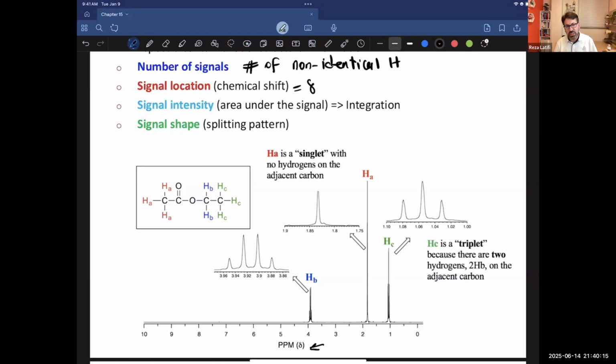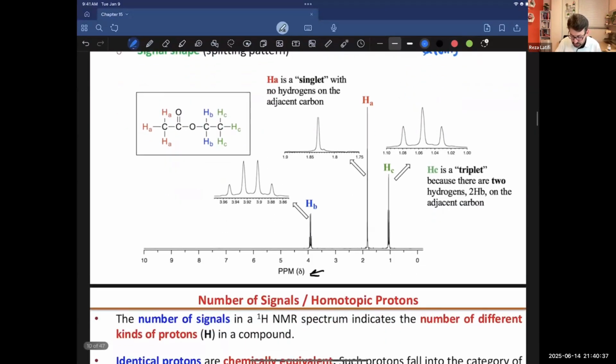Next is the signal intensity, or the integration. It gives you an idea about the number of identical hydrogen atoms. Usually they show it by this kind of sign, or you might also see a number written at the top of the peak or at the bottom of it.